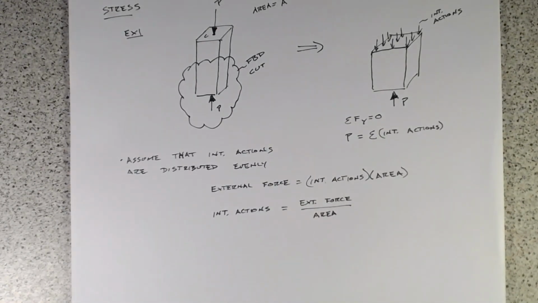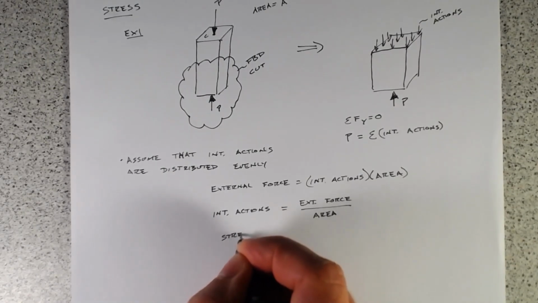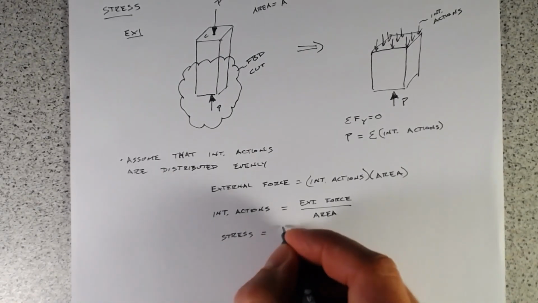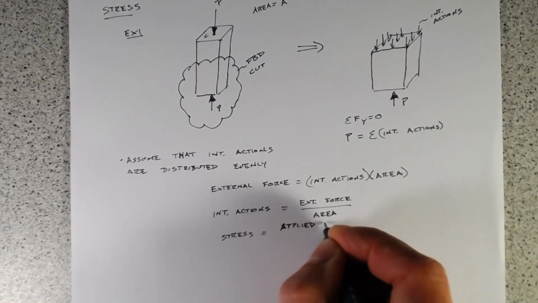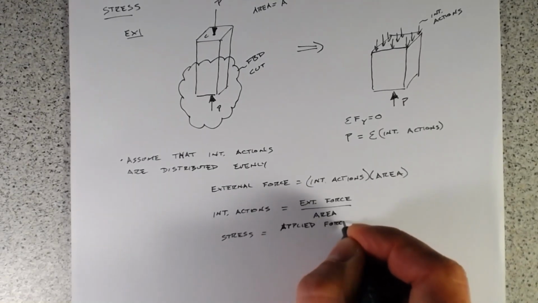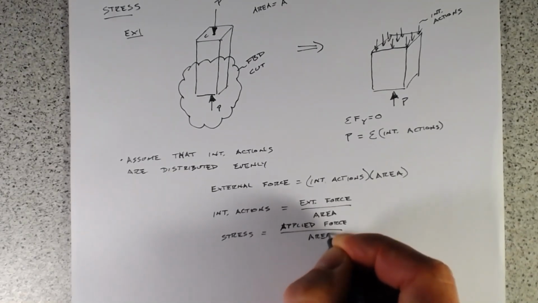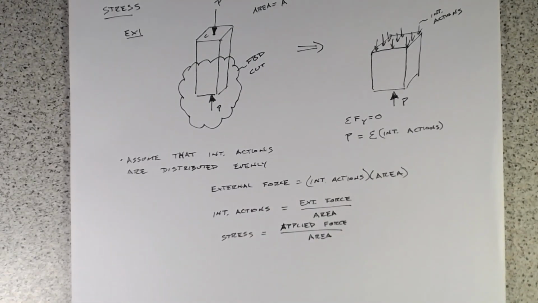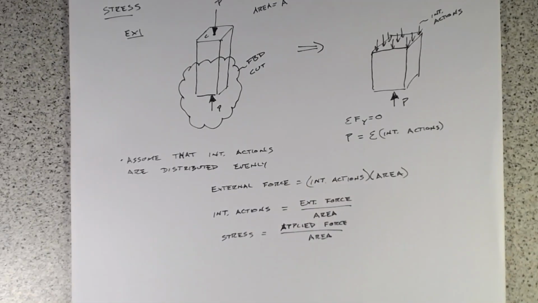And in essence, all we're saying is this internal action is really a stress. So a stress is just an applied force divided by the area which you're applying it over. So you can think of it like a force density.